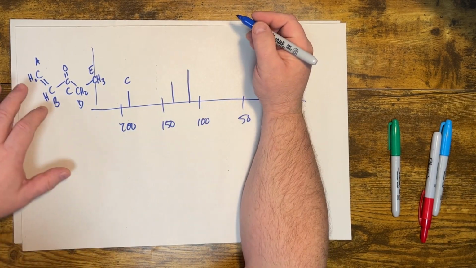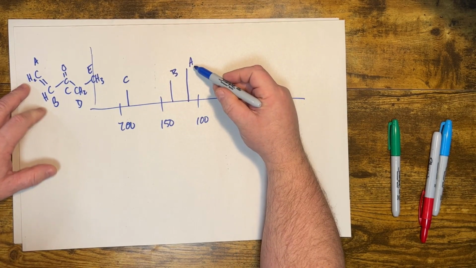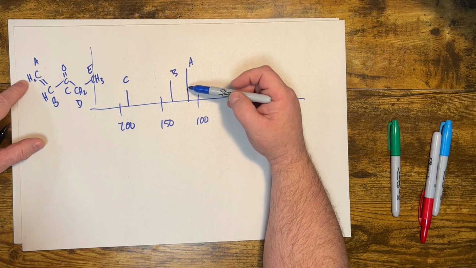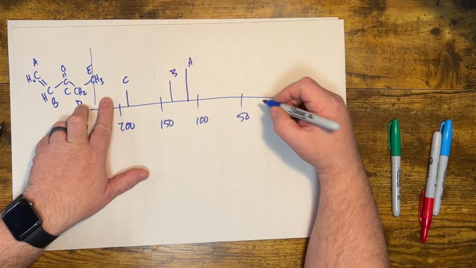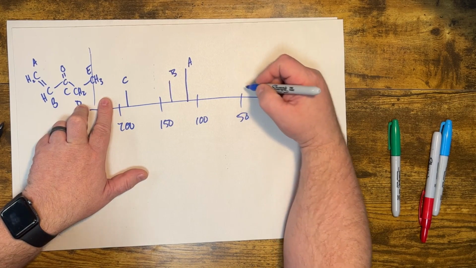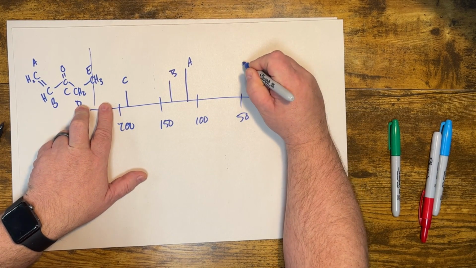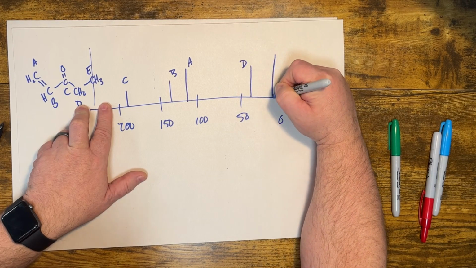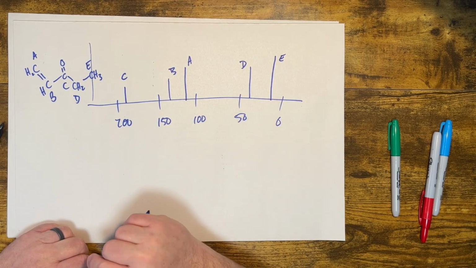Those are our double bonded carbons, A and B. A is a little bit bigger because it has more hydrogens on it than B does. And then these regular ones down here, they end up looking something like, so D and E. 2 regular carbons between 0 and 50.